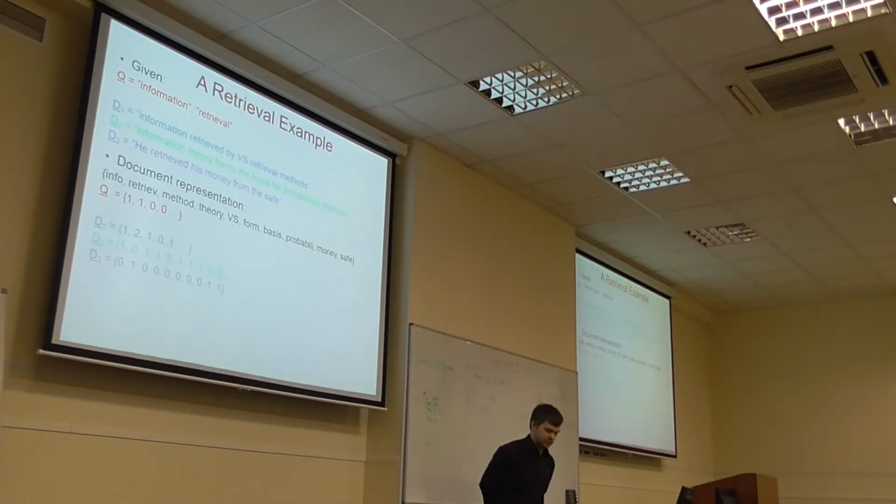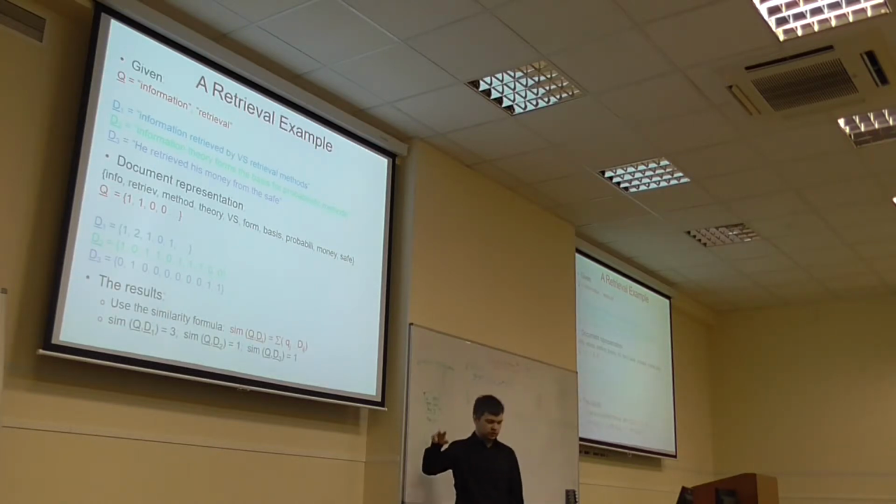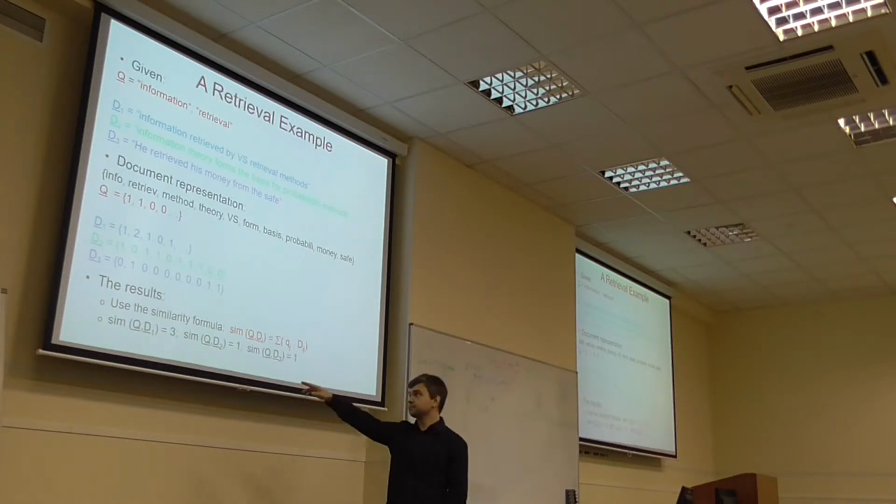First document, first one time, second two times, and so on, because we can normalize it. But it doesn't really matter. And you have two more documents with a similar representation. If you apply simple similarity, which is just multiplication, we will see the similarity between the query and the first document is 3, and the other two is 1.